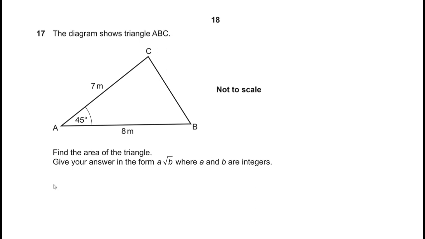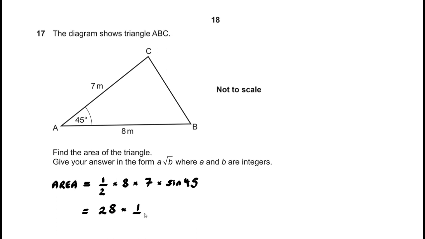Well, the area is equal to 1/2 times 8 times 7 times the sine of 45. So I've got 1/2 times 8, which is 4, multiplying that by 7 I get 28. So I've got 28 multiplied by the sine of 45.